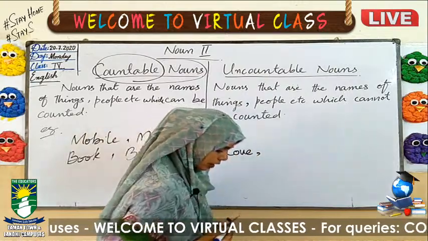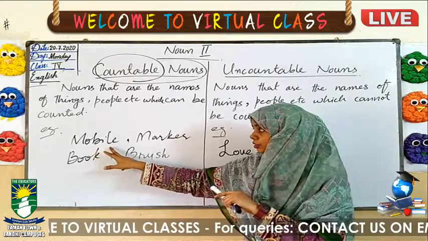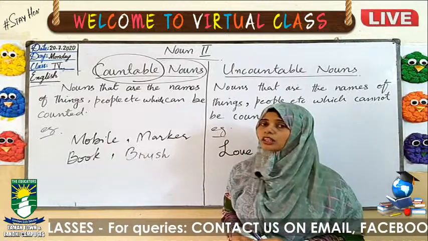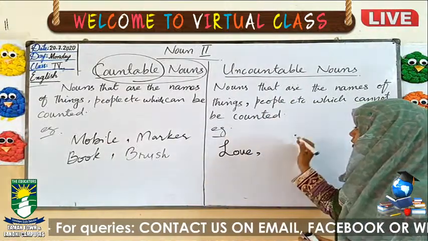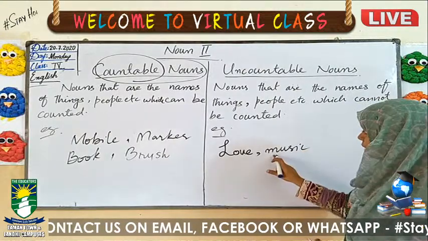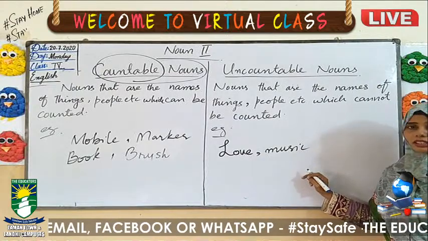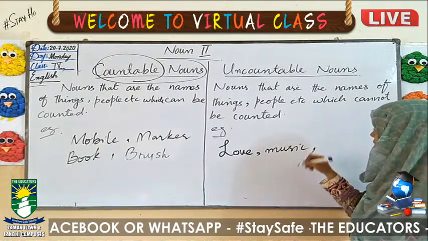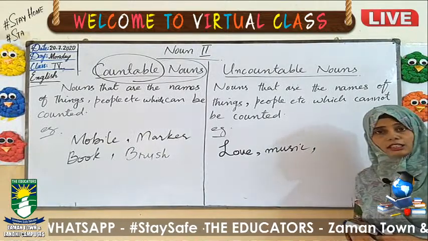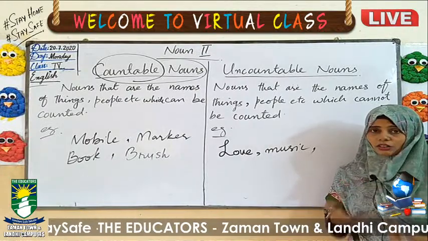Okay, I have told you about mobile, that mobile is countable. We have many mobiles. Sometimes we listen to music on the mobile. Okay, so music. Can you count it? No, we cannot count music. Of course. Okay, this is your turn to tell me the name of those things which we cannot count.